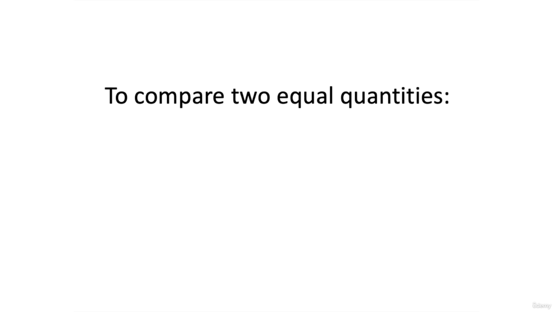Now, how do we compare two equal quantities? So we must use adjectives indicating quantity, which are many, much, few, and little. We use many and few for countable nouns, and much and little for uncountable nouns.